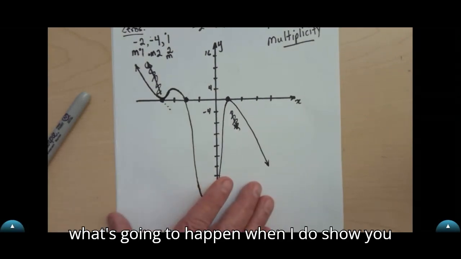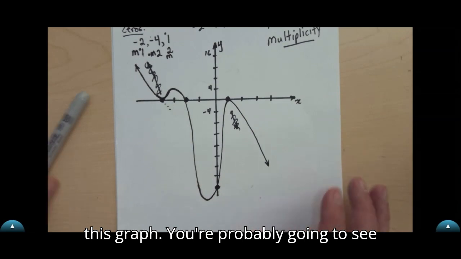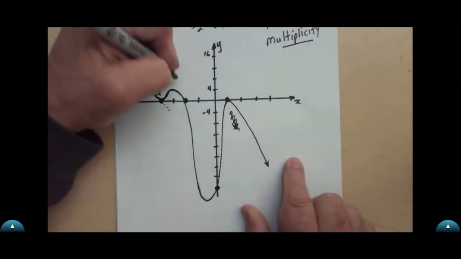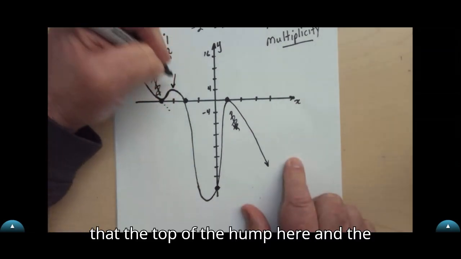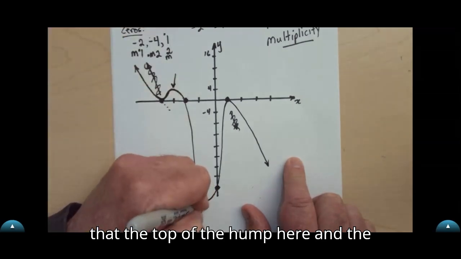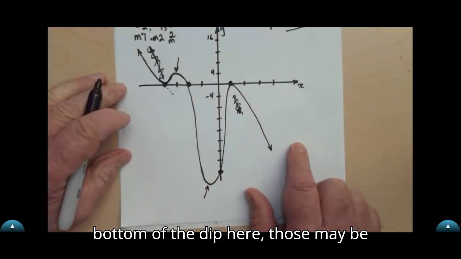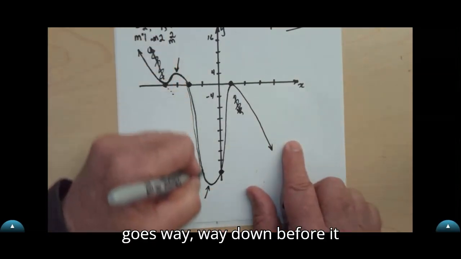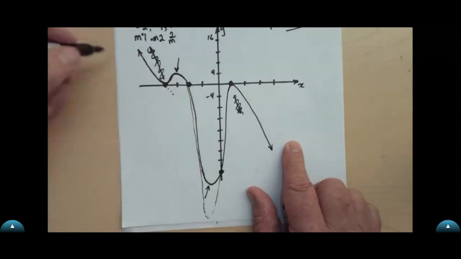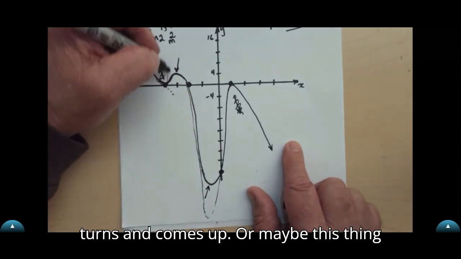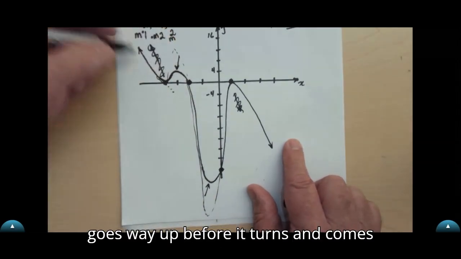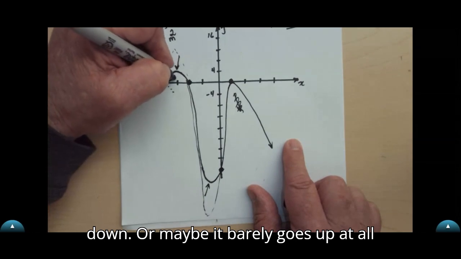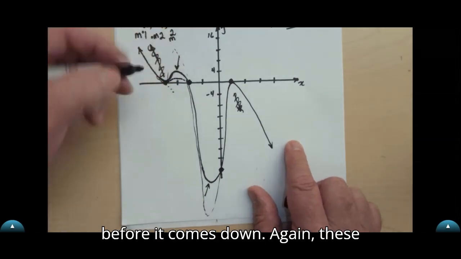And let me tell you what's going to happen when I do show you this graph. You're probably going to see that the top of the hump here and the bottom of the dip here, those may be wildly off. Maybe this thing goes way, way down before it turns and comes up. Or maybe this thing goes way up before it turns and comes down. Or maybe it barely goes up at all before it comes down.